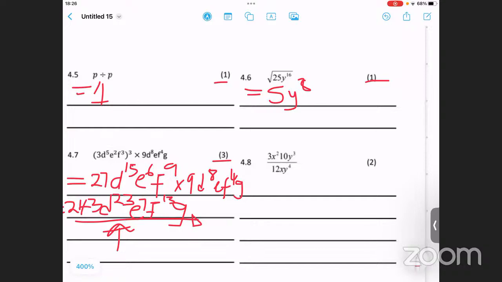Ma'am, I did it just as it was. So I just divided 3x squared by 12, which gave me 1 over 2x, and then ma'am, I divided the 10 and the 12, and that gave me 5 over 6y to the power of negative 1. But then ma'am, I recognized that I can't do it like that because the 12, they're not separated like the numerator.